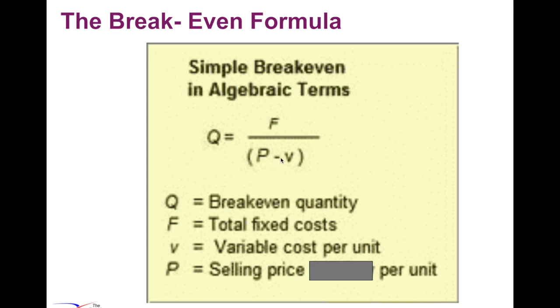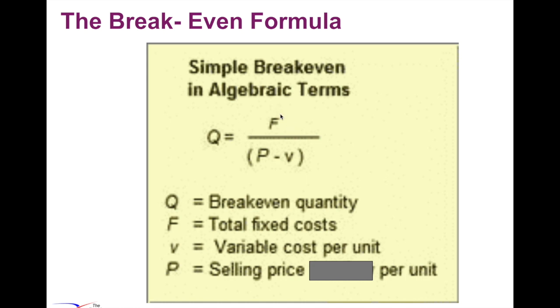Your variable costs aren't really up for you to decide. So your product is going to cost whatever it costs. Your price is something that you control. So the higher the price, the bigger the difference between these two numbers is. And hopefully you guys remember from your math classes that the bigger the denominator in a fraction, the smaller the fraction is.